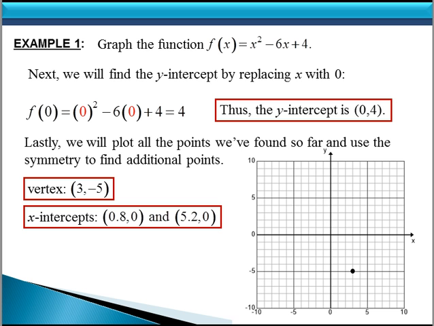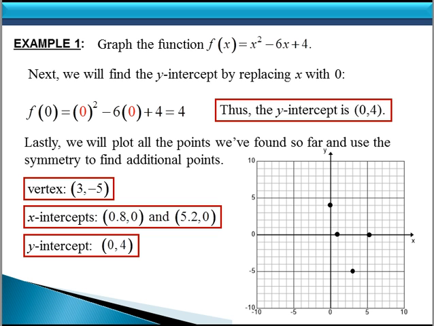So 0.8 is going to be not quite at x equals 1, so just shy of that first grid line there. And then 5.2 will be just barely past 5. So we estimate those points there. Those are our x-intercepts. Then we found the y-intercept to be the point (0, 4), so we go up 4 on the y-axis and plot a point there.